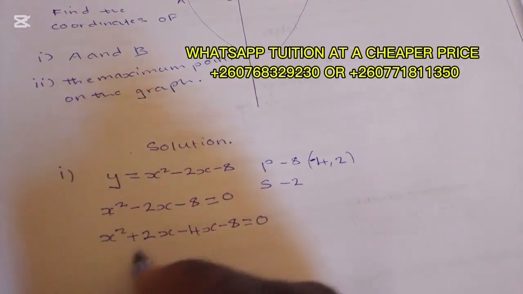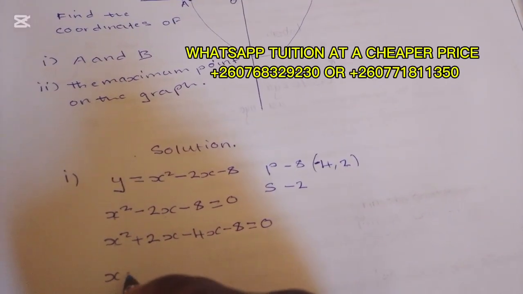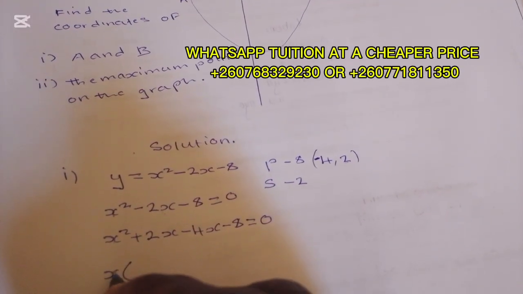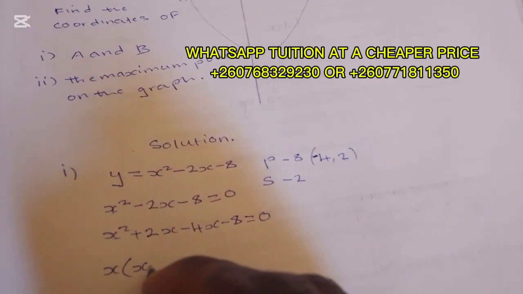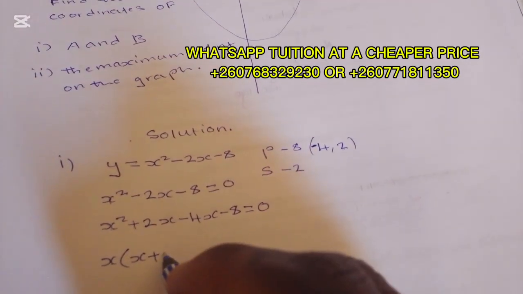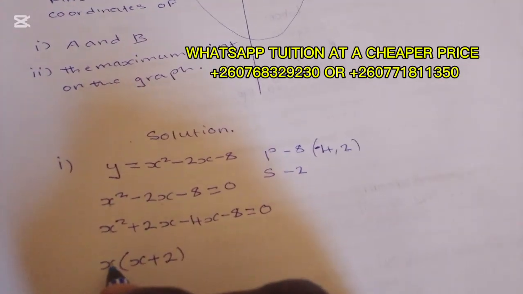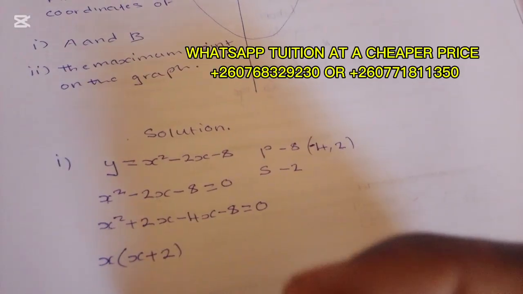Then we factorize. What is common here is x: x divided by x squared gives us x, plus x divided by 2x gives us 2.